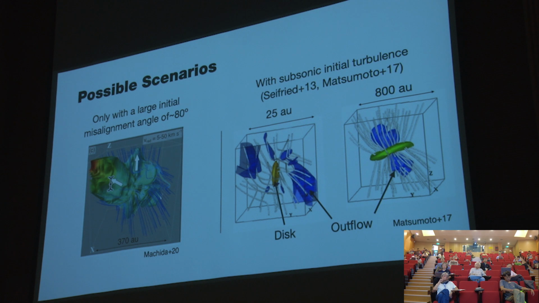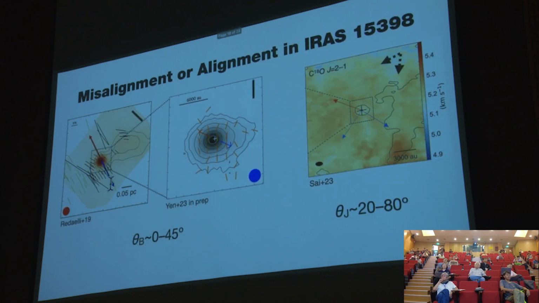Similarly, in simulations of disk formation in a turbulent dense core, some theoretical works also report time variation of disk orientation and time variation of outflow direction. So we are looking into dense core properties to figure out which picture better fits our observation.